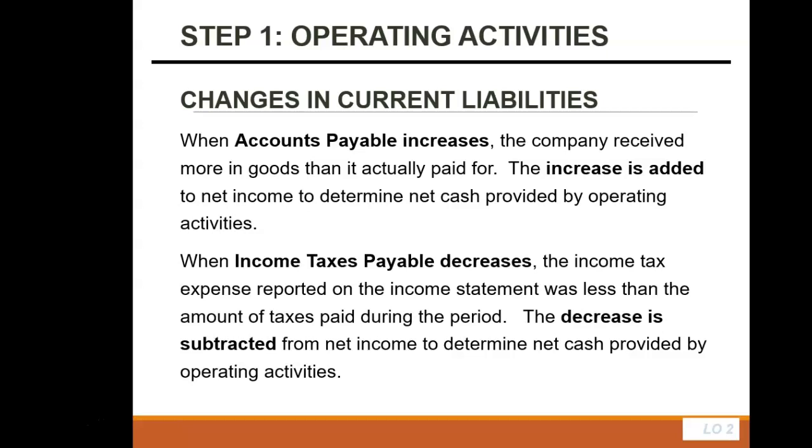So when you have an increase in your current liabilities, you're going to add that increase to your accrual-based net income to calculate your cash-based net income. If you have a decrease in a current liability, subtract the decrease in the current liability from your accrual-based net income to get your cash-based net income.